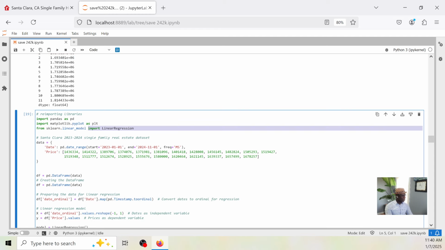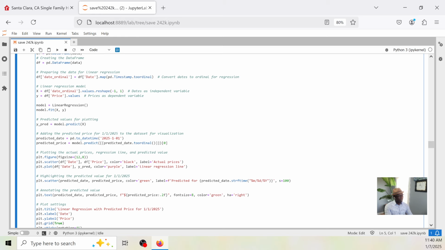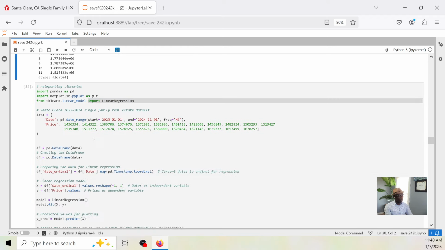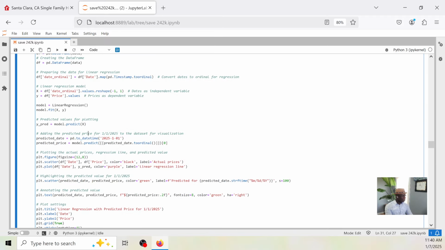So to conclude this Santa Clara predictions of single-family homes using machine learning models, what I'm going to demonstrate next are what I just went over, which is these future predicted prices, but now I'm going to visualize it using these models.